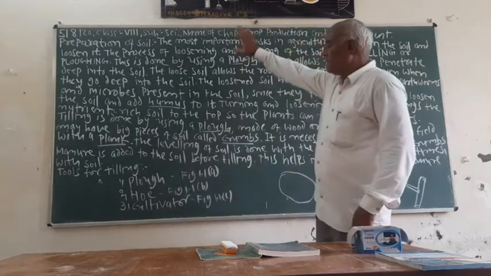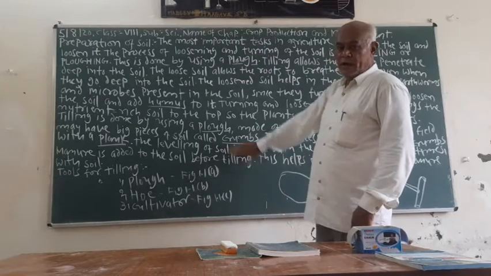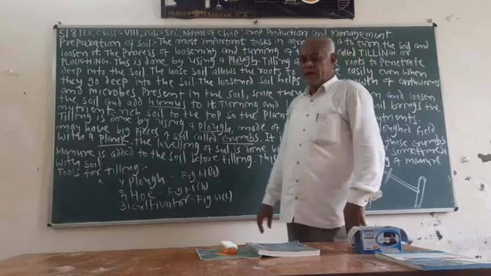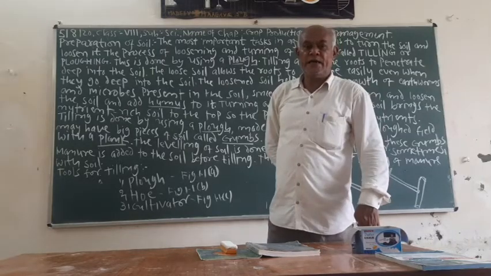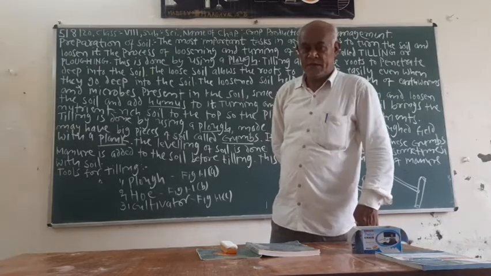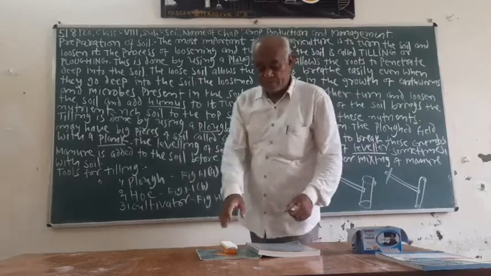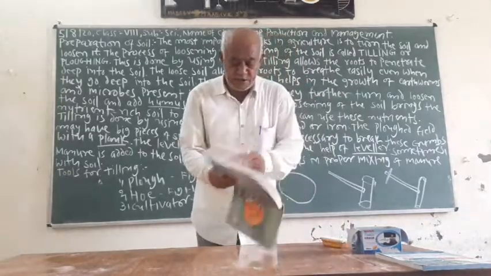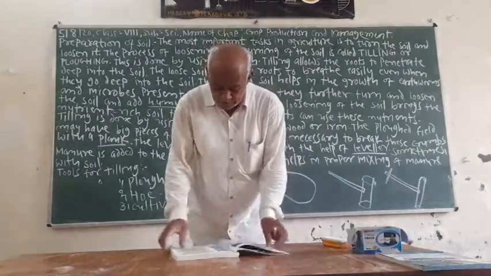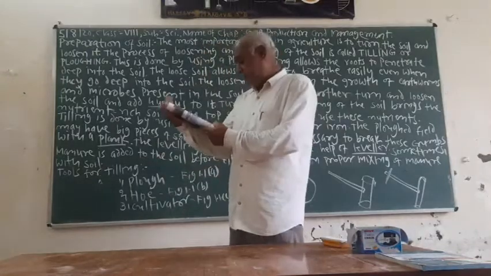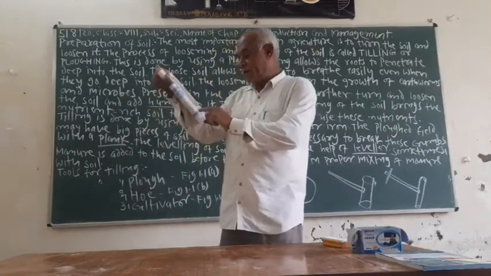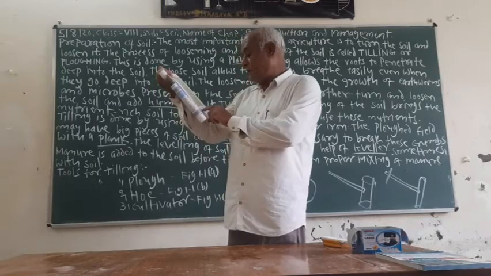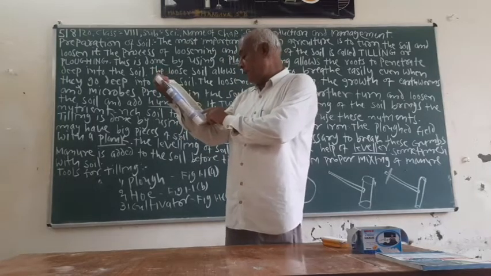So this is the preparation of soil, and preparation of soil is the most important task for agricultural practices. So if we see the exercise questions on page number 30, select the correct word from the following list and fill in the blanks.